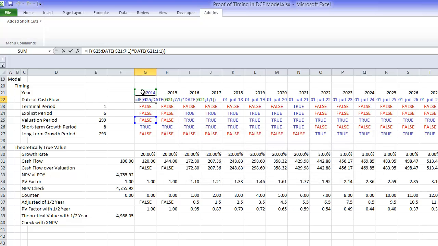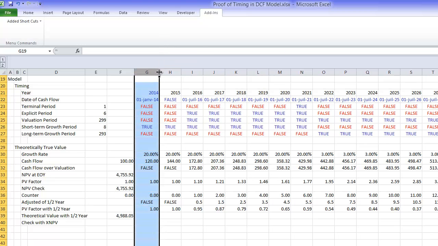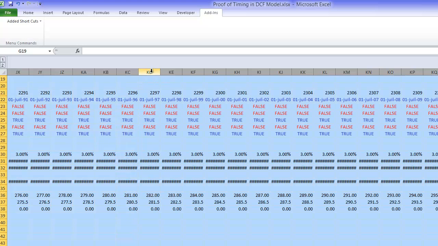Okay, it's a little lazy. Shift Control 3. What happened there? Okay, let's, excuse me, Shift Control right arrow.